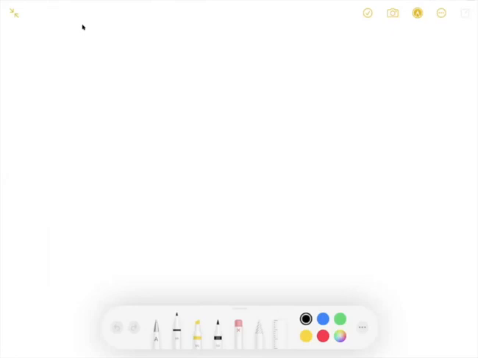So let's revisit the path that we took when we were talking about the Poynting vector and Poynting's theorem.